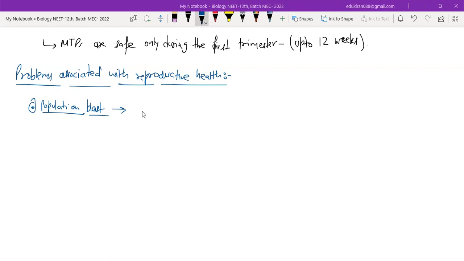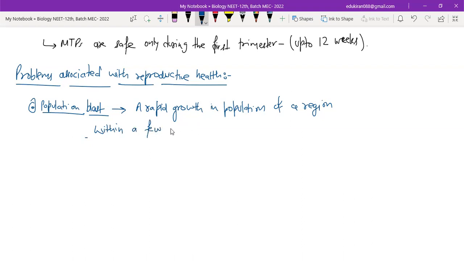Uncontrollable or a rapid growth in population of a region within a few generations.